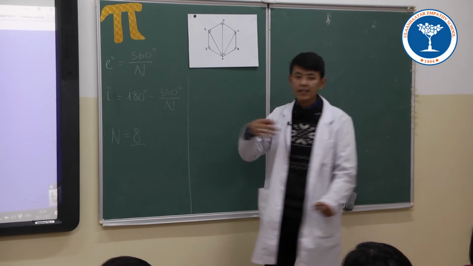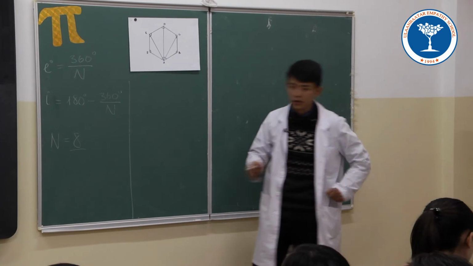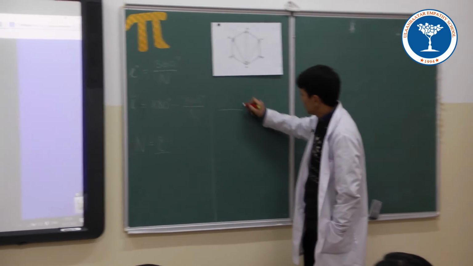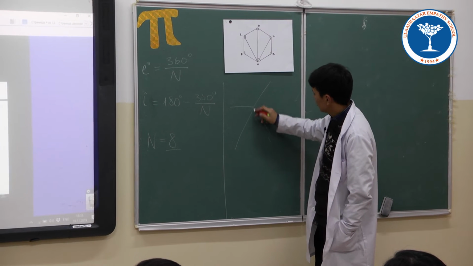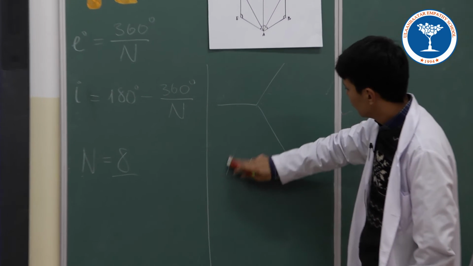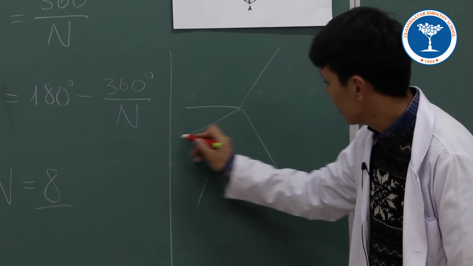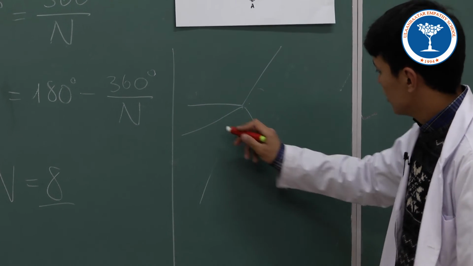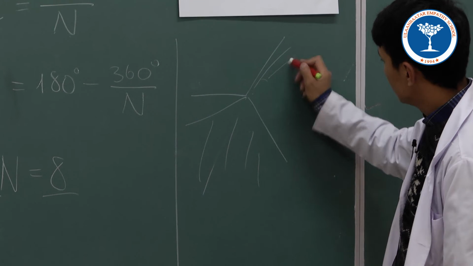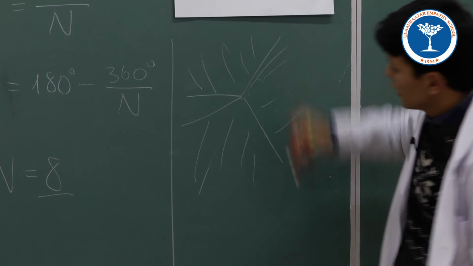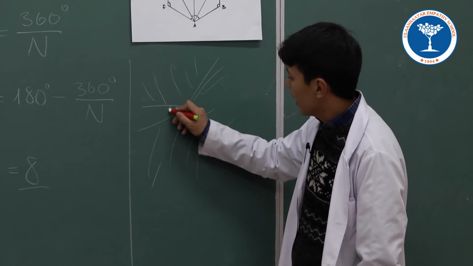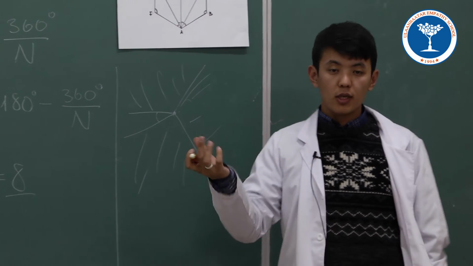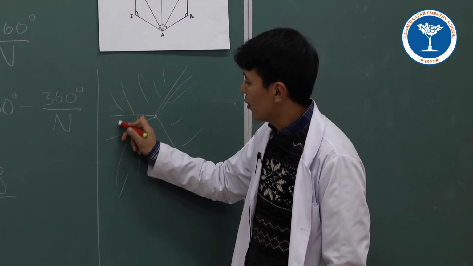Now, we have three identical polygons, 1, 2, and then 3. These are the polygons. This side and this side are the polygon sides. So we have three polygons put together at one point, and there is a gap of 36 degrees. Okay?